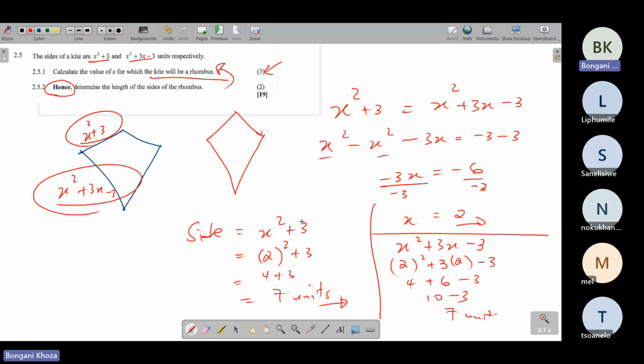So both those sides are giving me the same answer. So the hence part here is saying whatever answer I got on the previous question, I'm supposed to use it to get the length of the sides of the rhombus. So the length of the sides of the rhombus are 7 units. Any questions there?